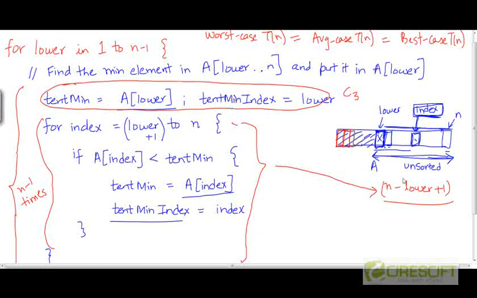And assuming that examining the value of each element takes constant amount of time, and updation also takes constant amount of time if that element happens to be lower than the tentative minimum, the running time of this for loop is going to be proportional to the length of the unsorted portion. So it's going to be some constant k multiplied by n minus lower plus 1.